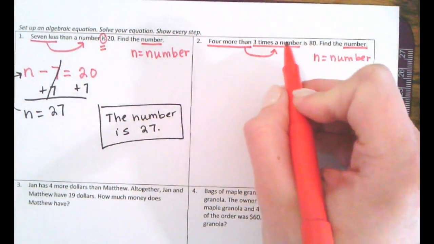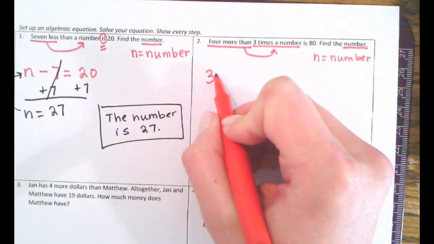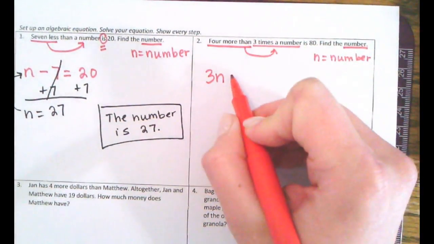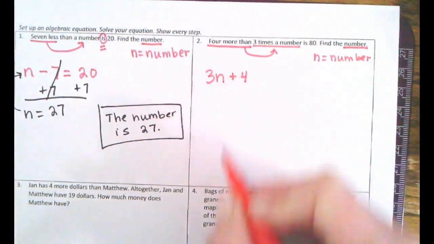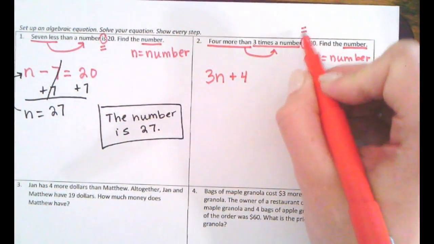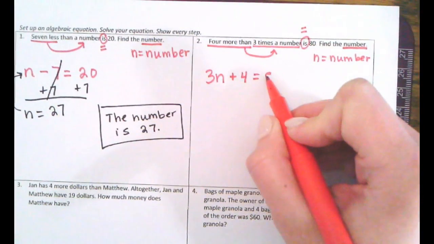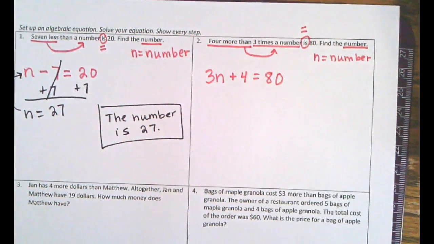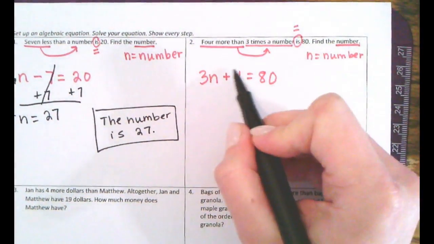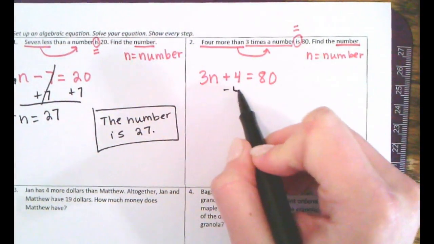So 3 times a number would be 3n, but I wanted 4 more than that. So I'm going to add 4 to the outside. Is or equals 80. All right, so then we just have to solve the problem by first subtracting 4 on both sides.